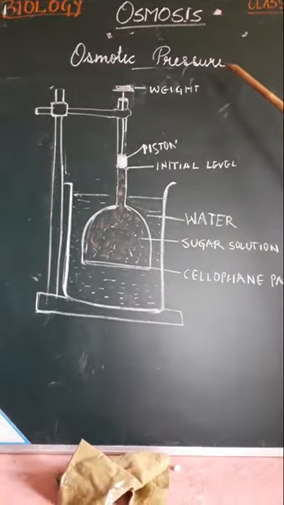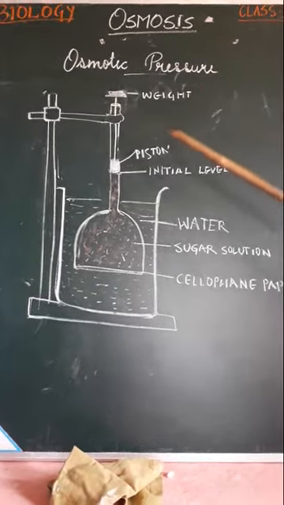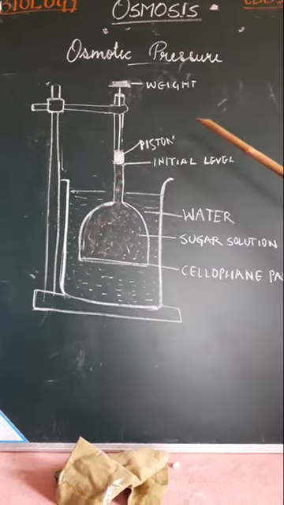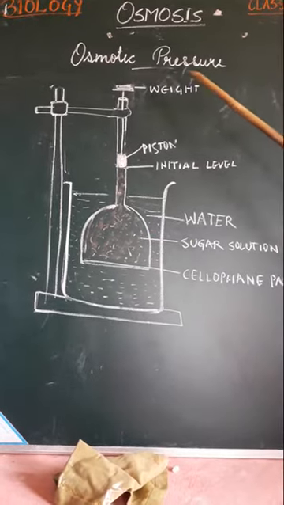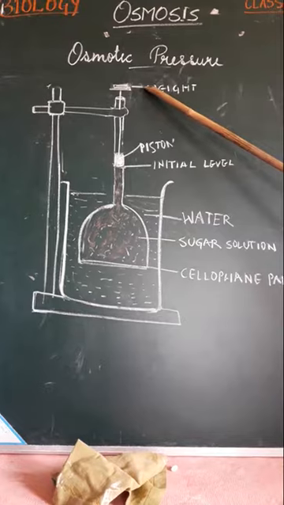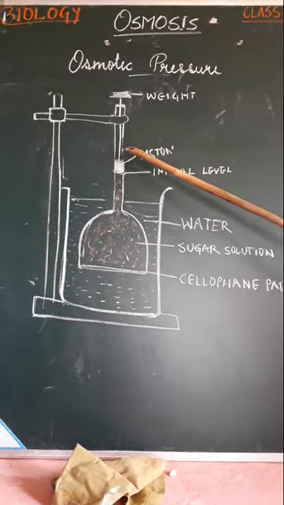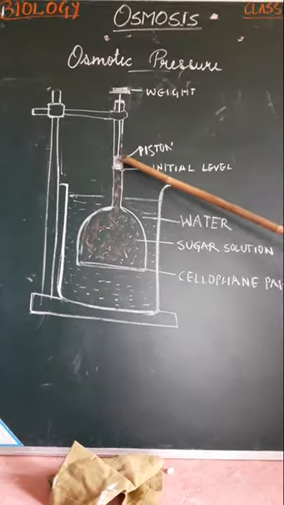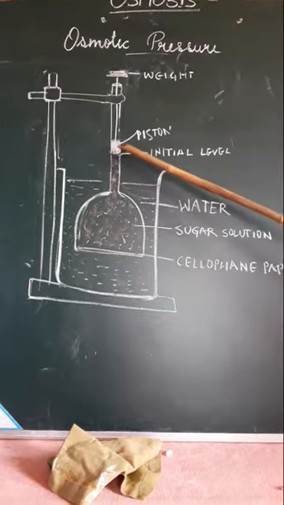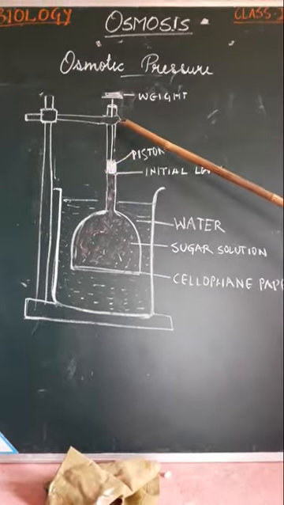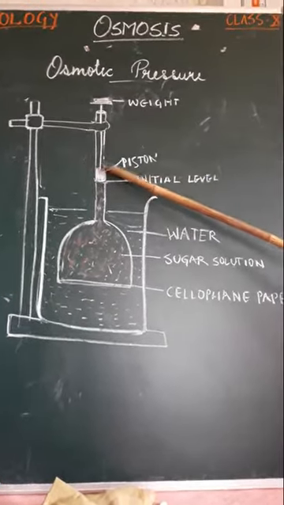Osmotic pressure. Here the same experiment, with a little change: weight is put, a piston is inserted in this thistle funnel. An airtight piston is inserted in this thistle funnel with weight.